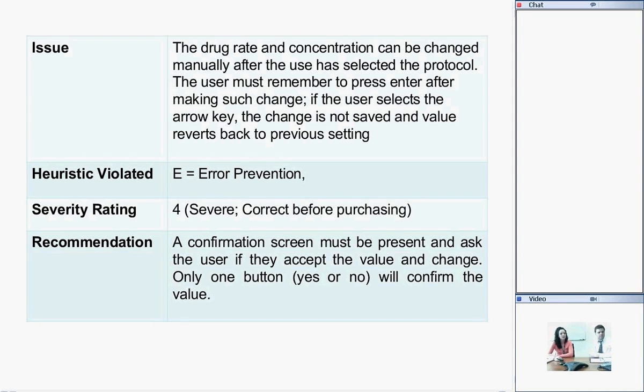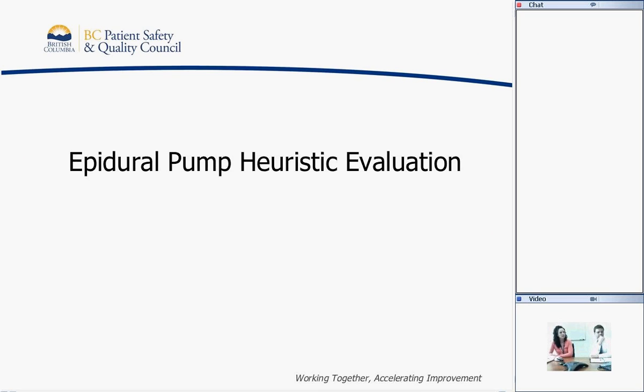And so what ended up happening is that you would hit arrow down, and the change you just made did not actually take on the machine. So the assumption was that it did change because you physically did it, but the pump actually reverted back to the previous setting. So the recommendation was that there must be a confirmation ensuring that the user accepts the value and moves forward.